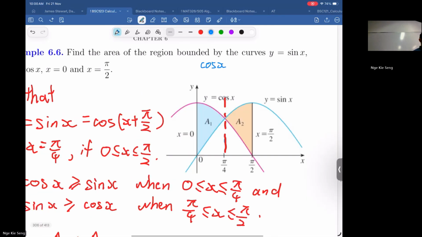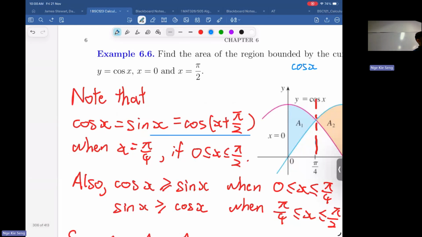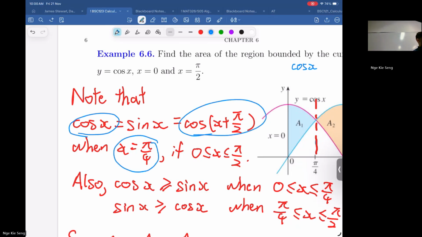Where? This one? I mean, this will help us to find x equals to power 4. Because if you just test cos power 4, sine power 4, then how do you test until power 4? It's a random test.